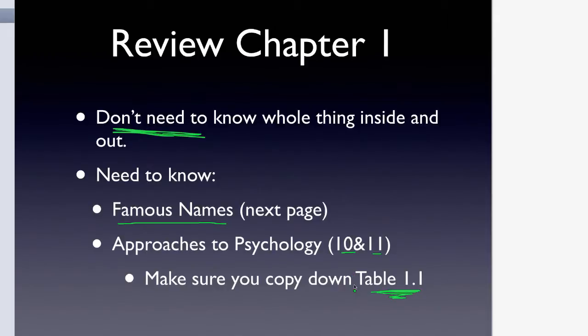You really need to copy that down and know it. If you study this table, 1.1, and know these famous psychologists, you're going to be just dandy for the exam. The table has a lot of the different approaches to psychology on it, with how they differ.